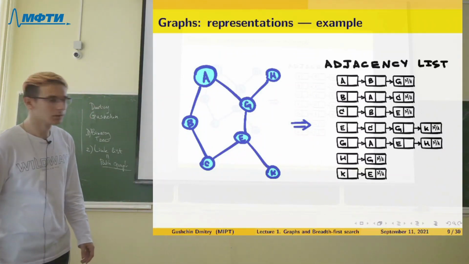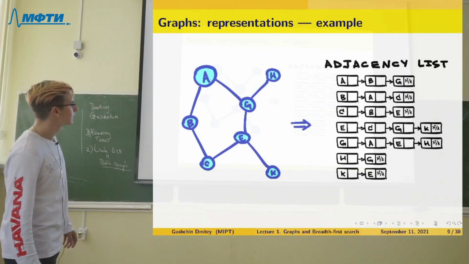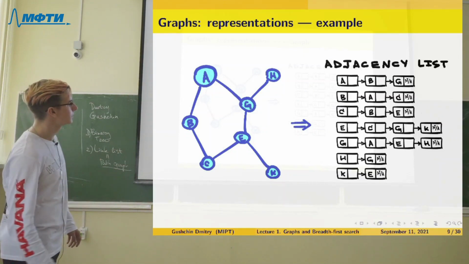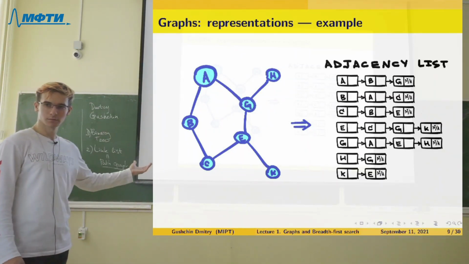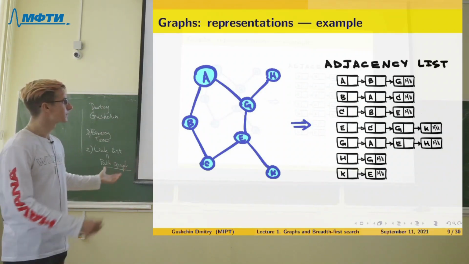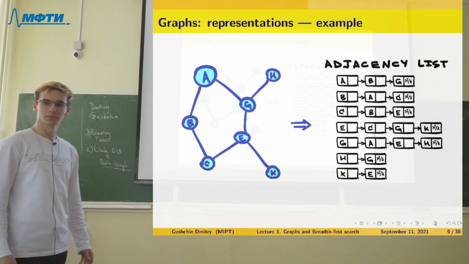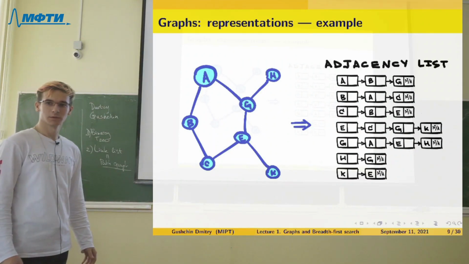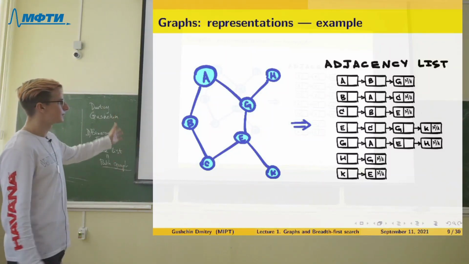As you see, a node is the name of a vertex, and it has a reference to the next adjacent vertex.